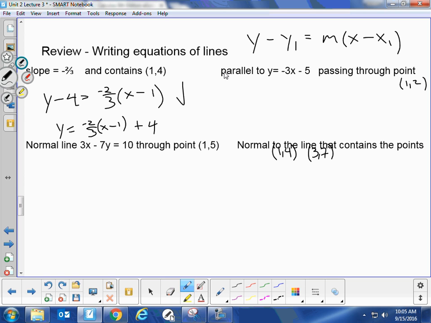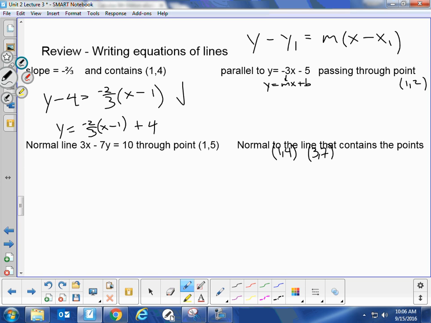So a question could be write the line, give the equation of a line that's parallel to this line that passes through the point (1, 2). Well, you need to be comfortable with this form of equation. This is y equals mx plus b. So you can see that the slope of this line is negative 3. That means your new equation must have the same slope and has the point (1, 2). We'll write down the equation of that line.